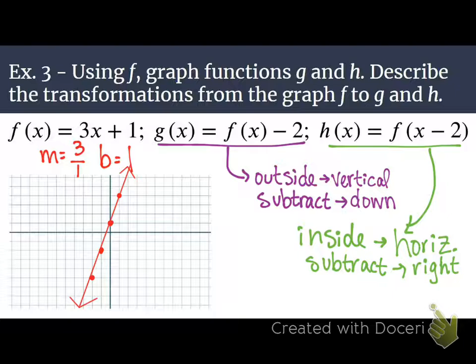Now let's graph the first translation, f of x minus 2. So we said we're going to be moving it down how many units? 2. So from every point that I made, I'm going to move it down 2 spots. Down 2 spots, down 2 spots, down 2.